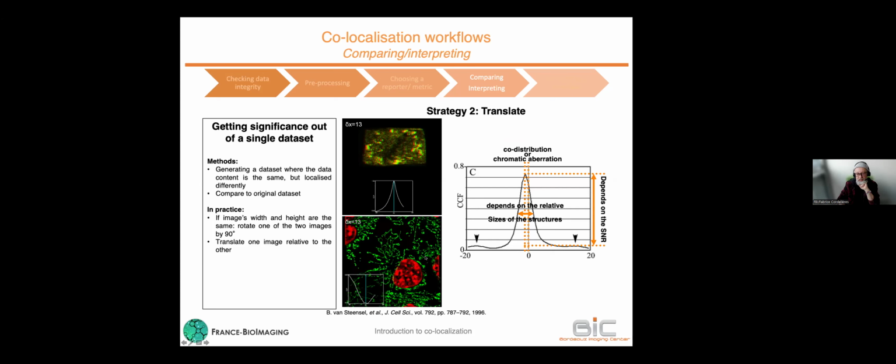Here you've got the displacement, and the graph is presenting as a function of the displacement, the correlation coefficient. This graph is called the cross correlation coefficient.